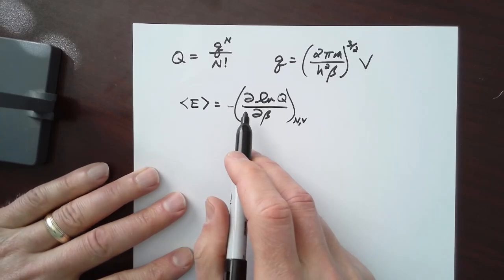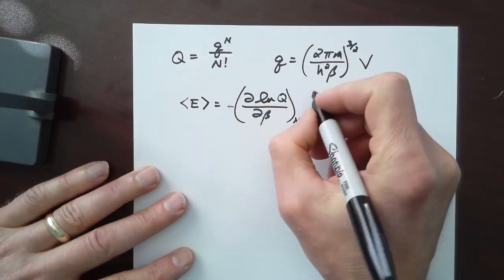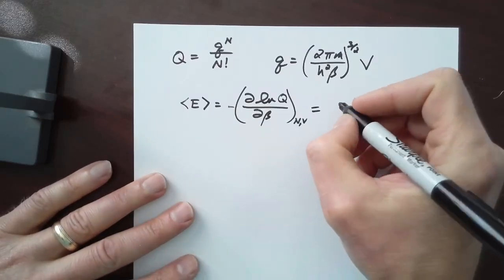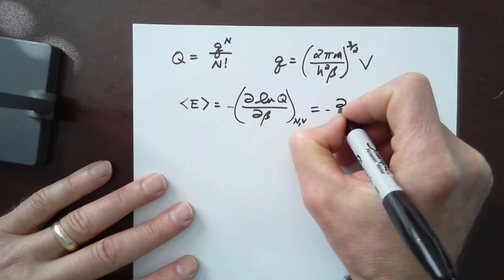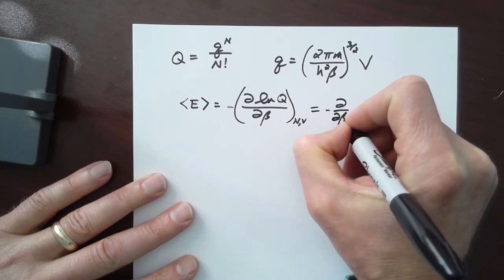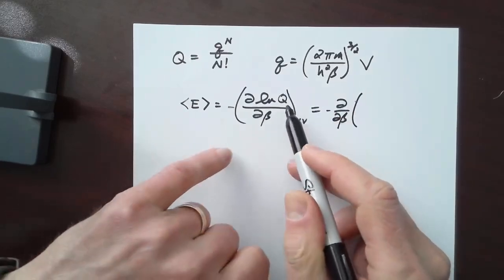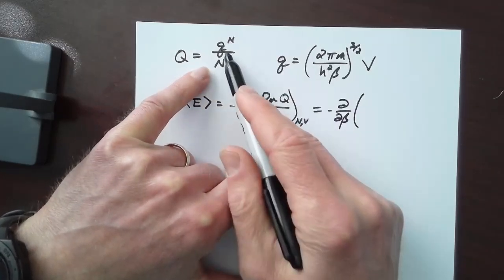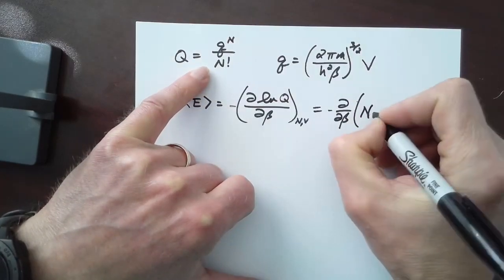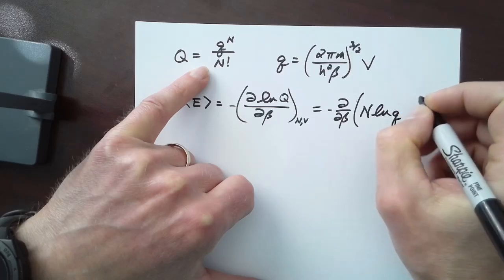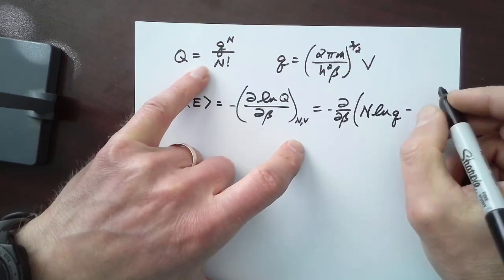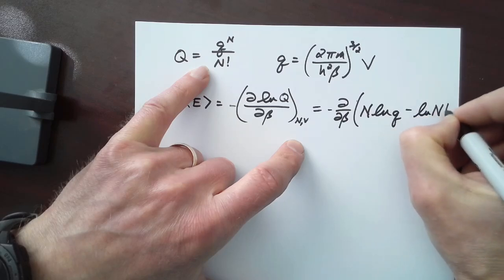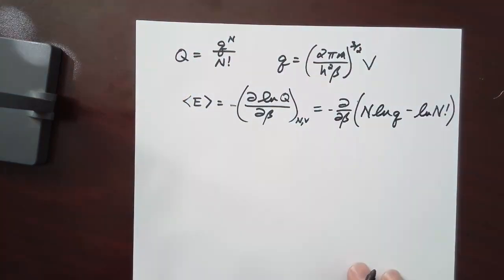If you remember your logarithm rules, let me write this out. We've got negative partial with respect to beta of the natural log of big Q, which is equal to N times the natural log of little q minus ln of N factorial.